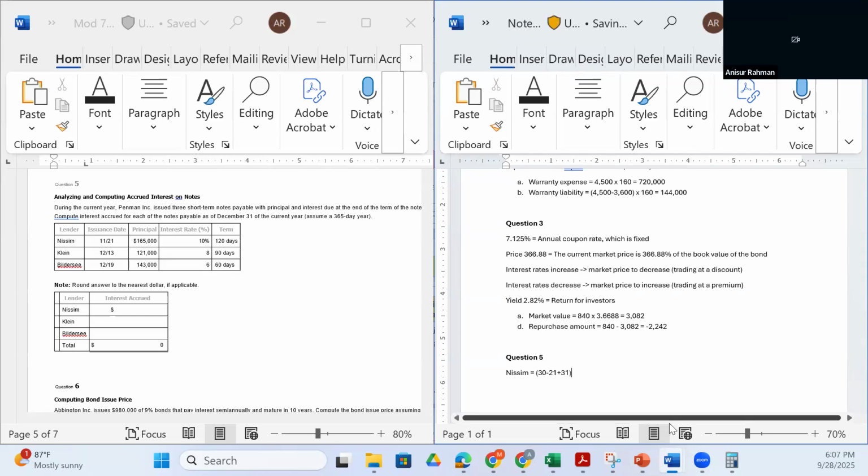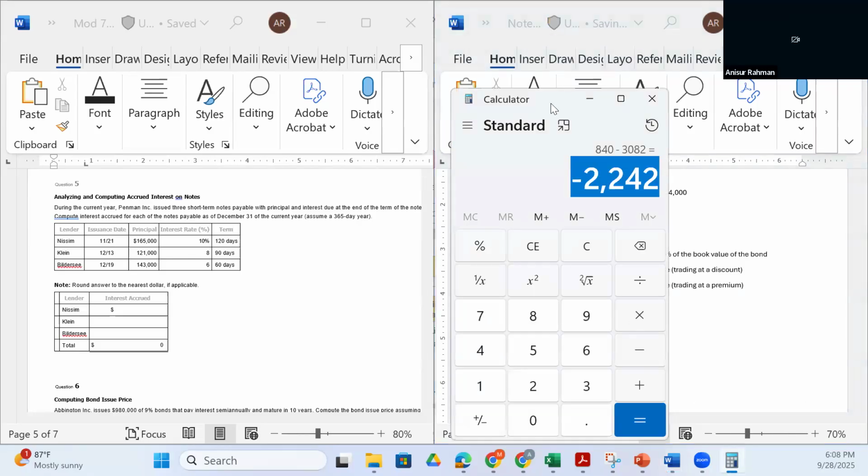So this is how many days interest will be accrued. That divided by your 365, right? And then you multiply. So you calculate this entire thing first, and then multiply by 10%, so 0.1, and then you multiply by the total principal, which is 165,000.